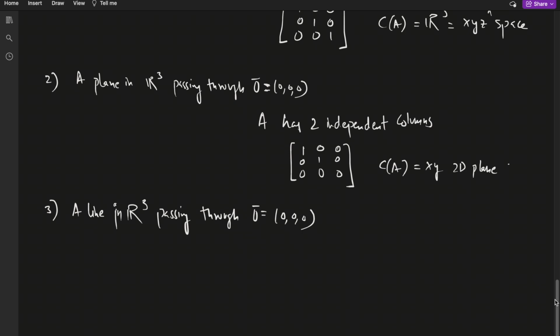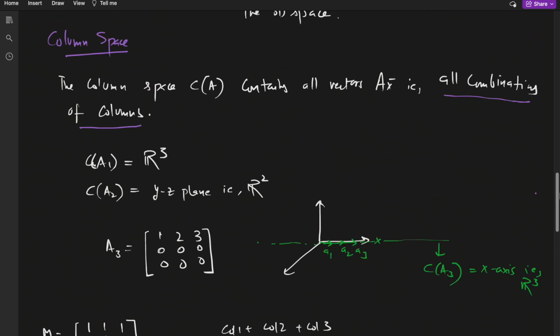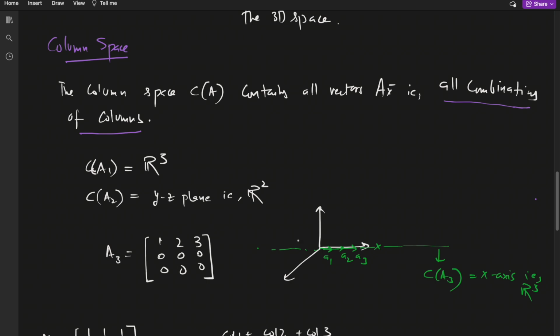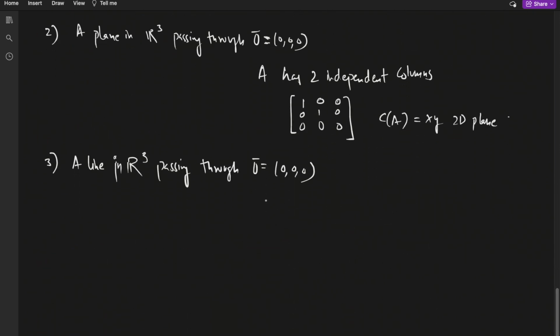All right. We have seen its example also. This one, A3, right? See, this is a line. This is R cube, input vector space is R cube, and the column space is nothing but a line passing through origin. All right. One another example: in this case, A has only one independent column.